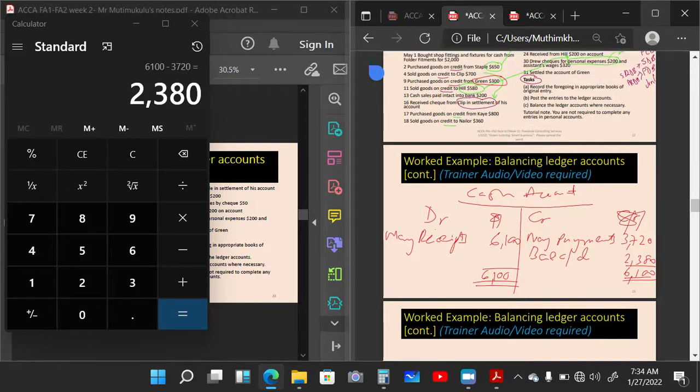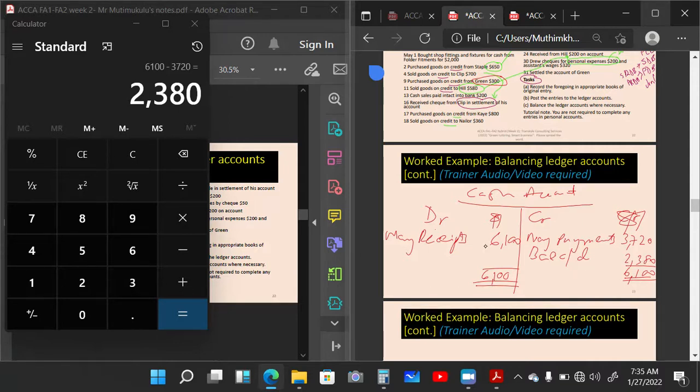But if a question in the exam said, what was the balance for cash, then you are given choices. Because when we say balance carried down, it is now the opening balance. This is the closing balance of cash for May.